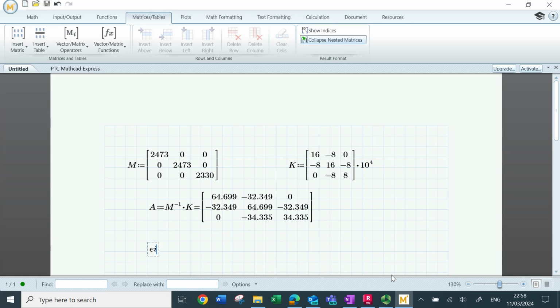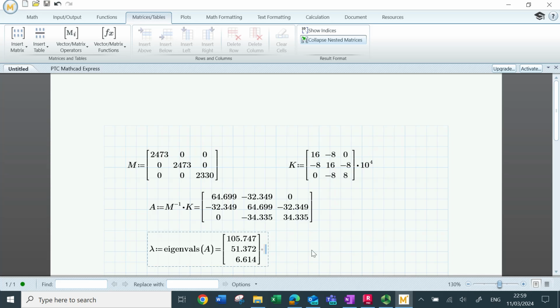And then eigenvalues L, so G, control G for Greek, is equal eigenvalues of A. So we have, they are not ordered correctly, but the first one is 6.614.